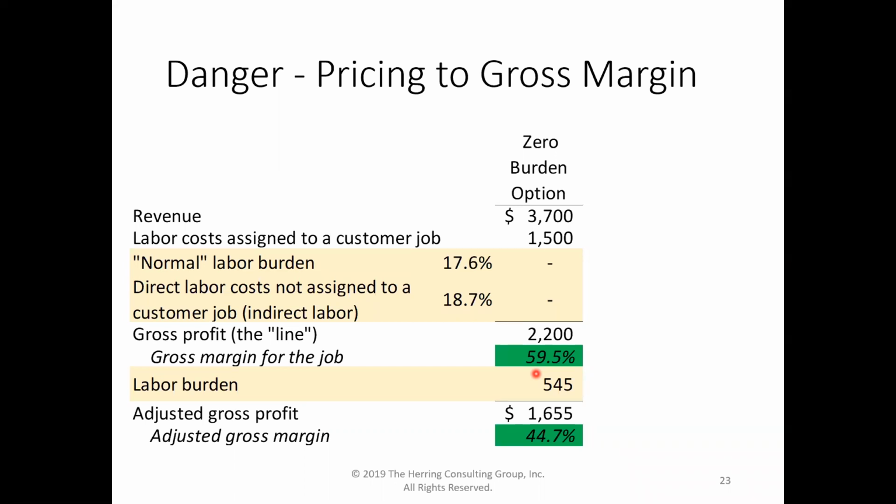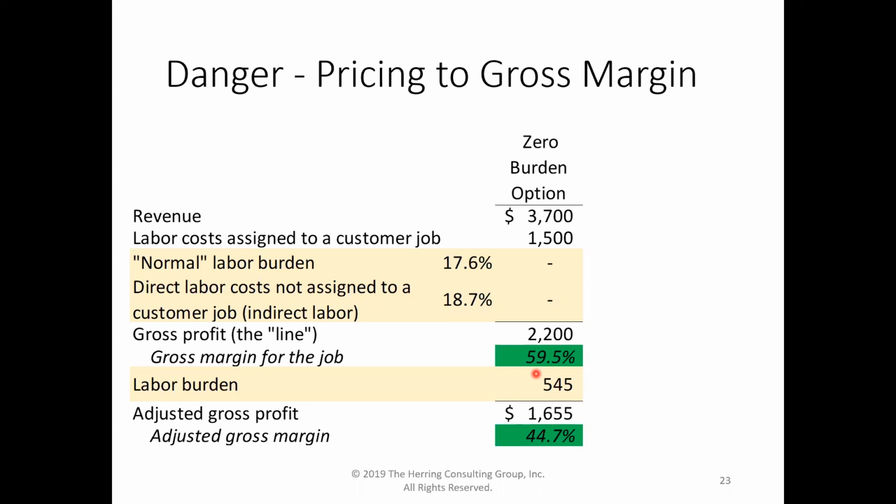Some people put indirect labor, so crew time, maybe it's shop time, startup time that is incurred by the field labor, the direct labor, and they put that above the line. That indirect time, they put that cost above the line, and I have that represented at 18.7%.